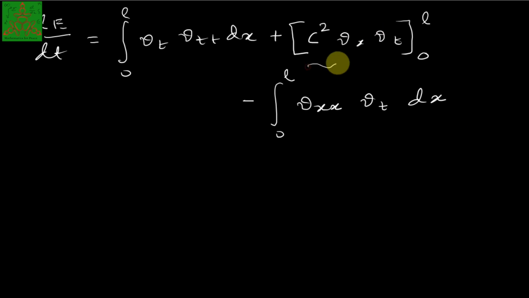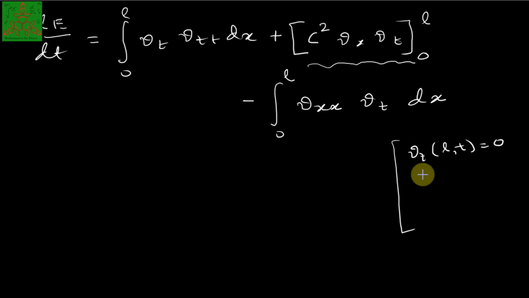Now here you just observe that v_t at (L,t) is 0, due to u1 at (L,t) being 0 and u2 at (L,t) being 0. So that's why v_t at (L,t) is 0.